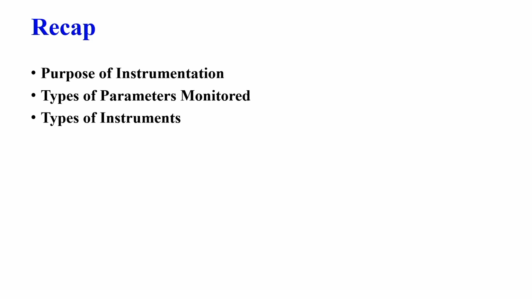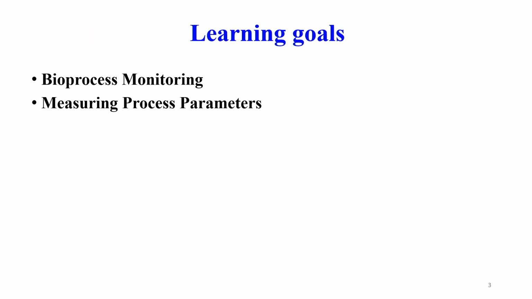Then we discussed how we can classify these parameters into physical, chemical and biological categories, and then we discussed, once we are going for monitoring, how we can classify the type of instruments which are being used to monitor these parameters.